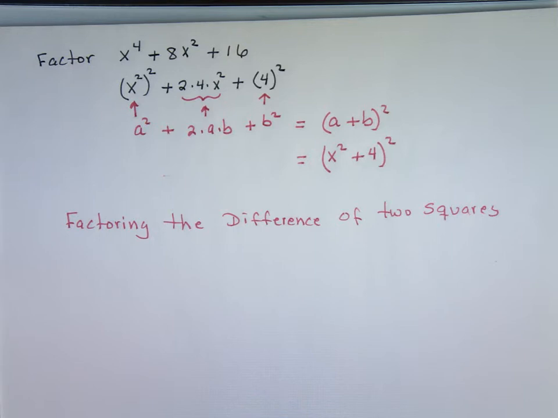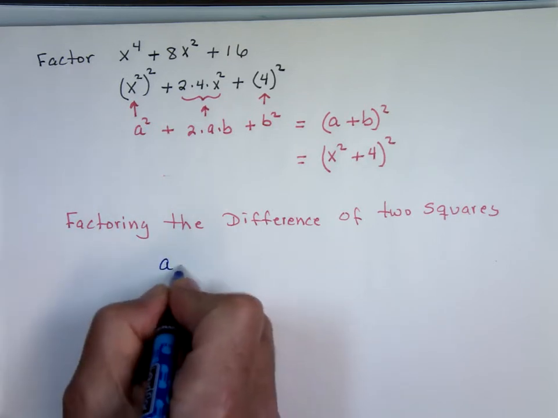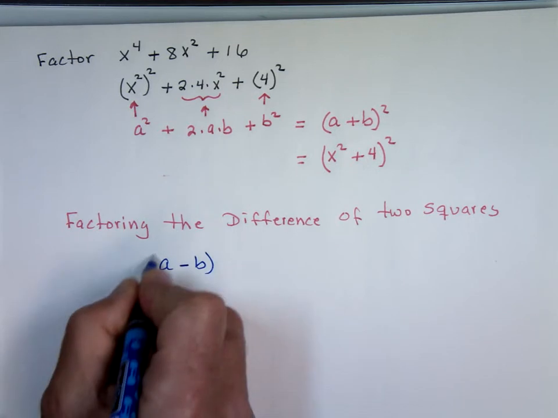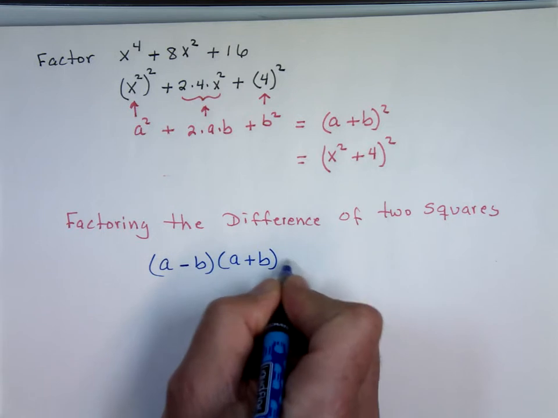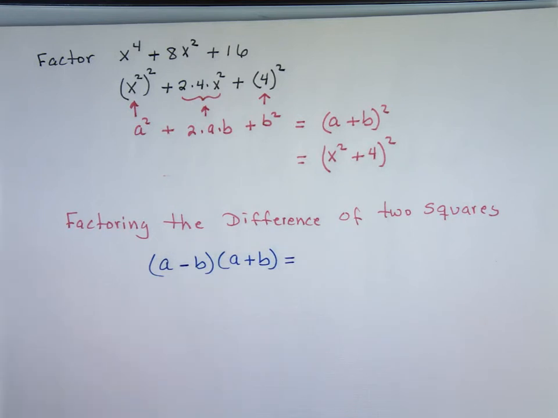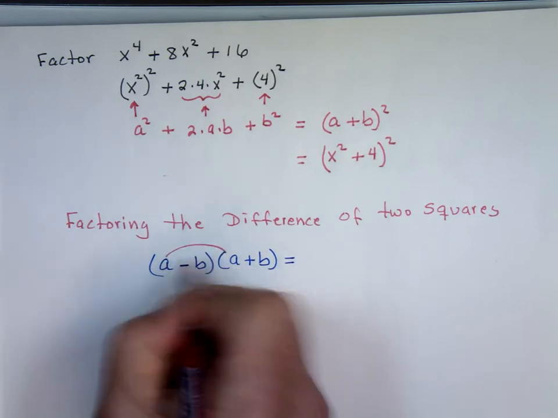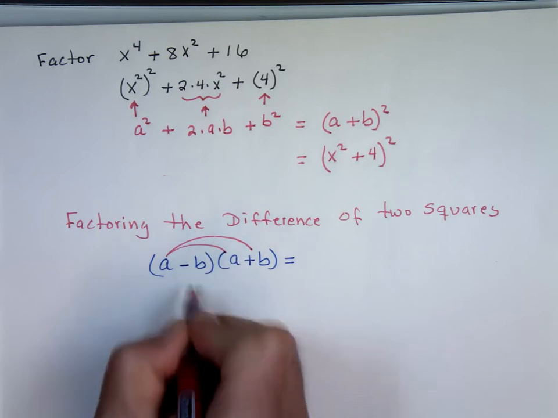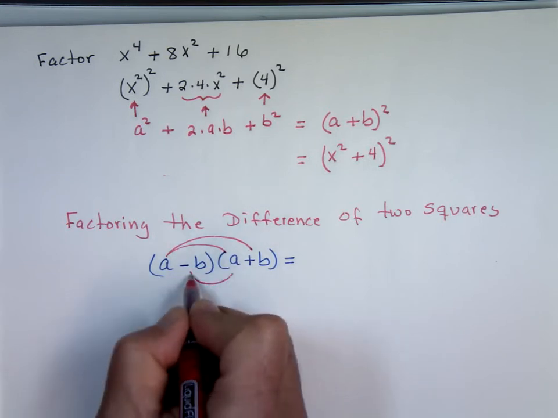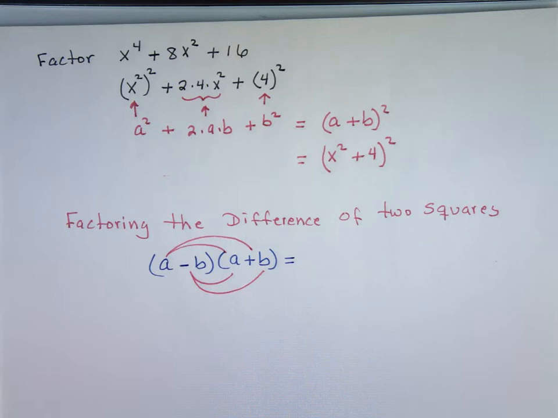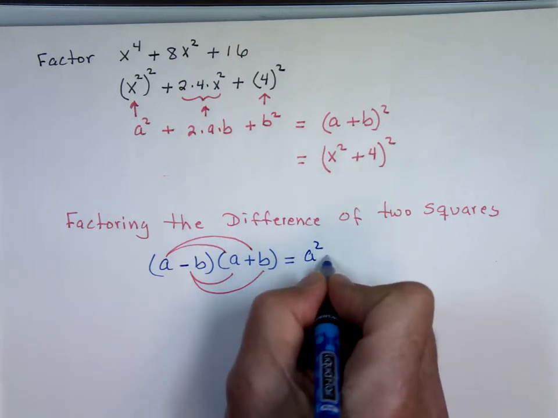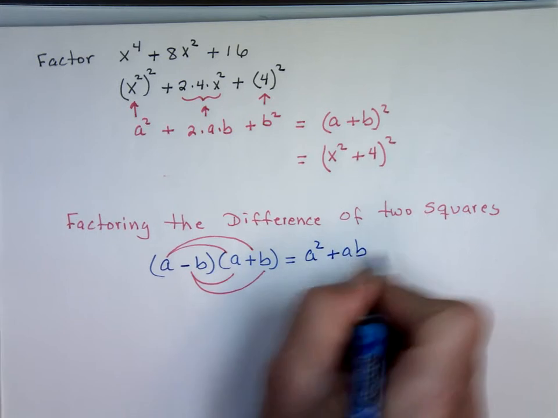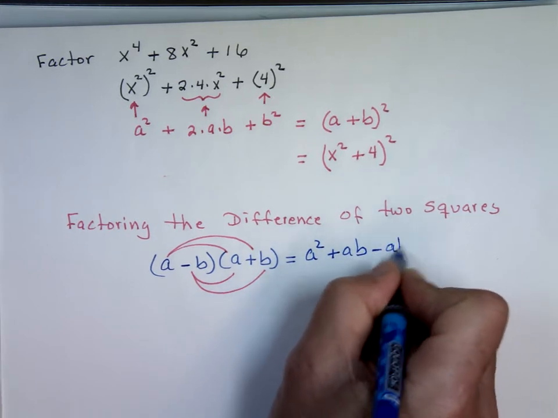And again, going back to, if you have a minus b and you want to multiply it by a plus b, use the FOIL method to multiply. You will have a squared plus ab minus ab minus b squared.